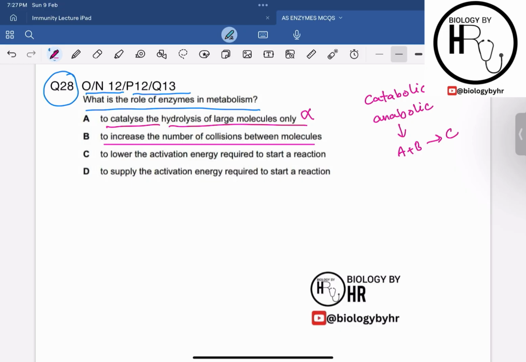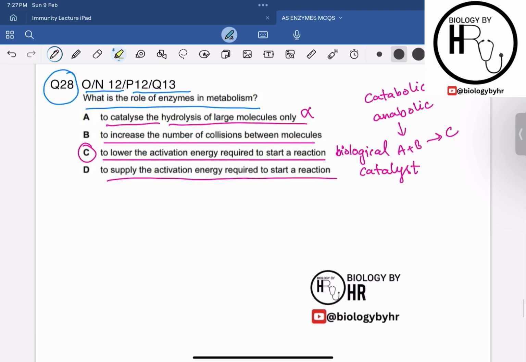Alright, let's look at the other options as well. To lower the activation energy required to start the reaction, or to supply the activation energy required to start a reaction. Basically enzymes are acting as a biological catalyst, right? They speed up the chemical reaction by lowering the activation energy. Hence the correct answer to this question is option C, to lower the activation energy required to start a reaction, right?